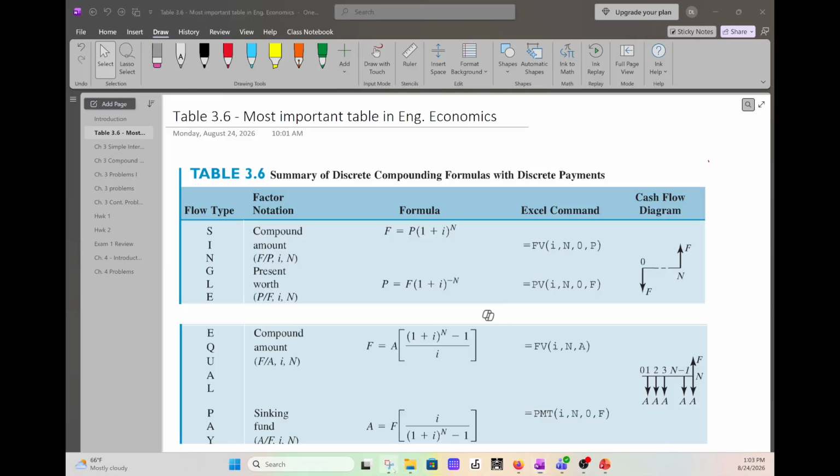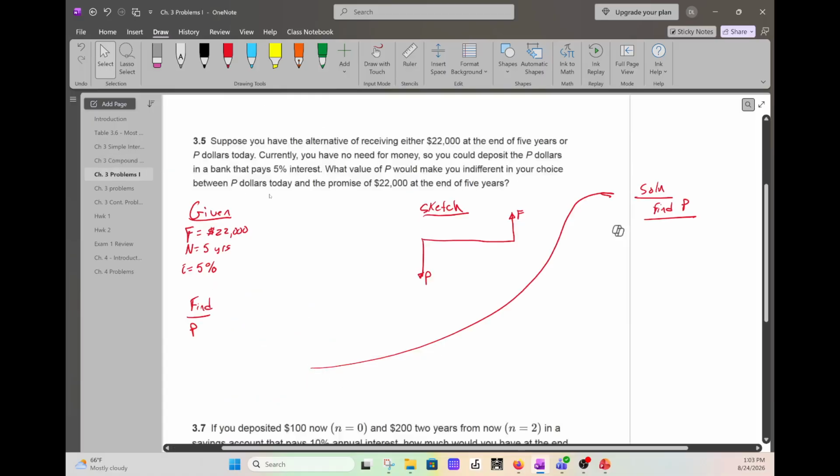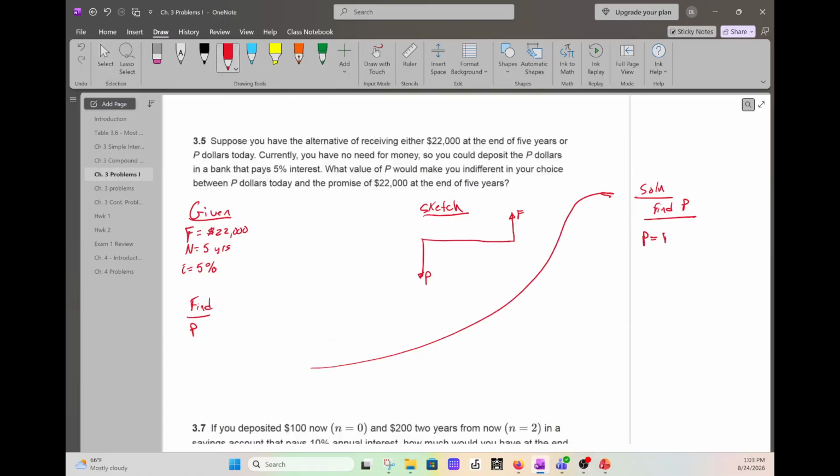P equals F times parenthesis 1 plus I, parenthesis to the negative N. You can plug the numbers in like I did in the previous video. Again, this is written like the shortcut P given F, comma I, comma N.